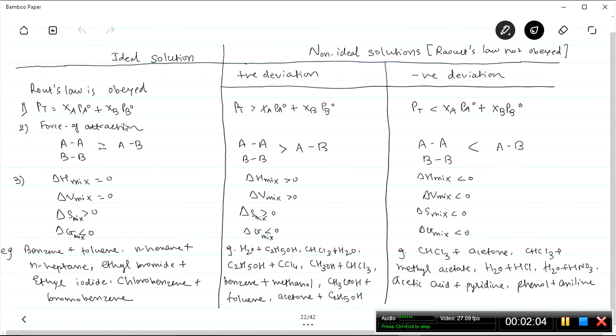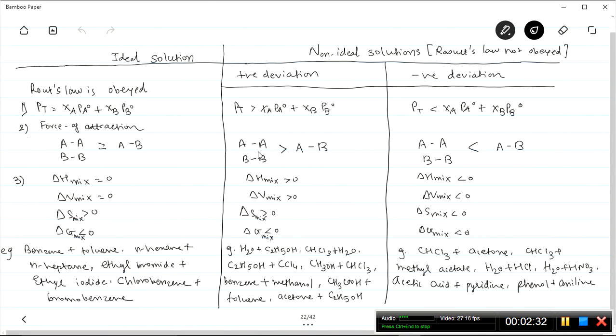So in case of ideal solution, we are saying the force of attraction in all three of them is of similar nature. In case of positive deviation, the intermolecular force of attraction between molecules of AA and BB is greater than the intermolecular force of attraction between A and B type of molecules. Now let's try to understand this in a little more detail.